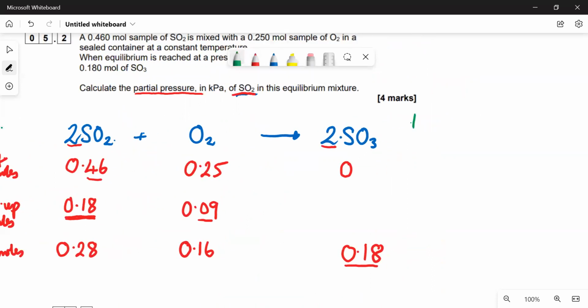Okay, so total moles at equilibrium is equal to 0.28 plus 0.16 plus 0.18. That gives us a total number of moles of 0.62.